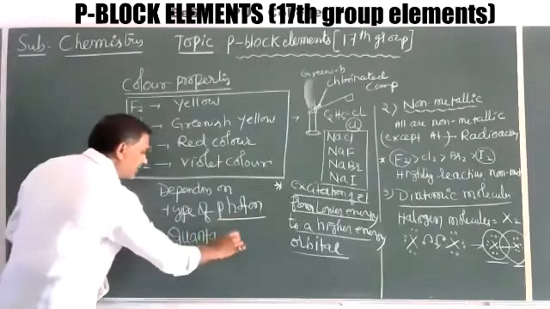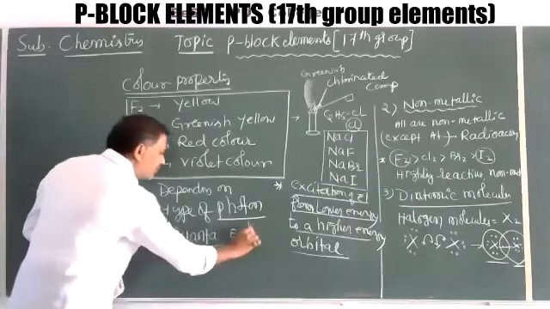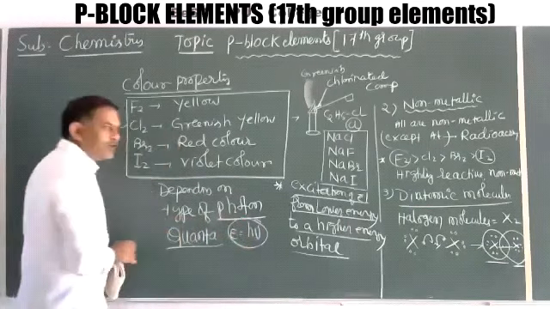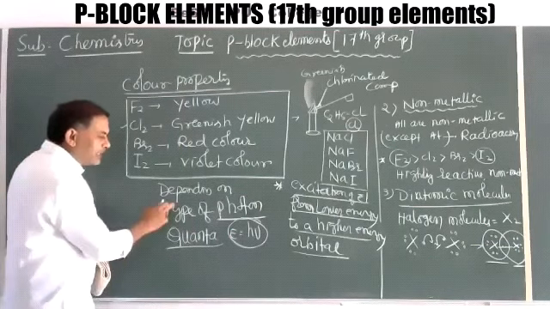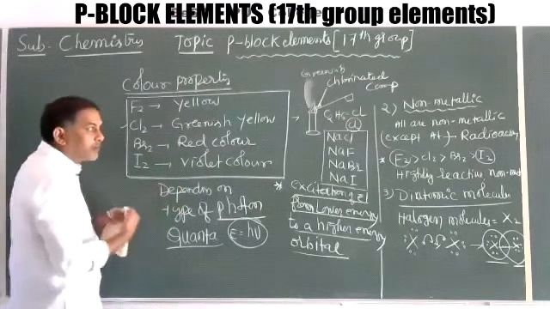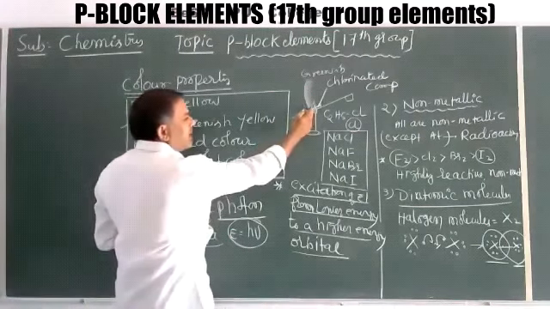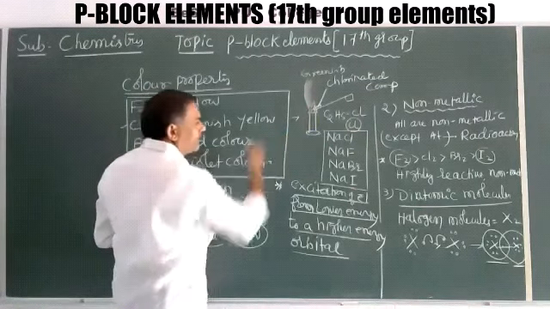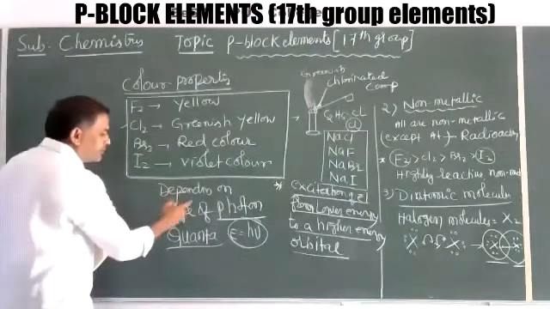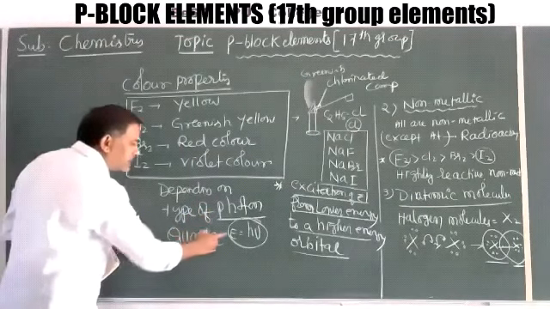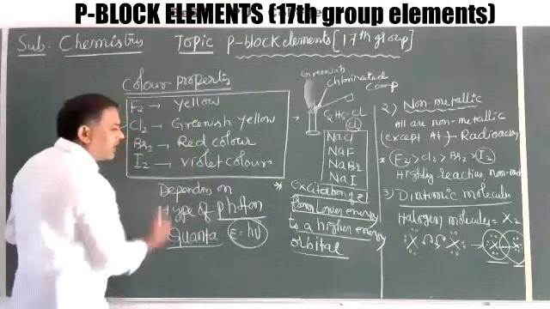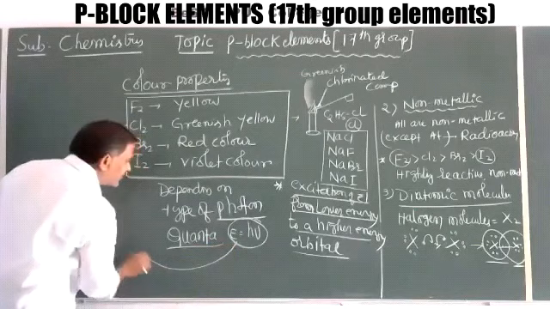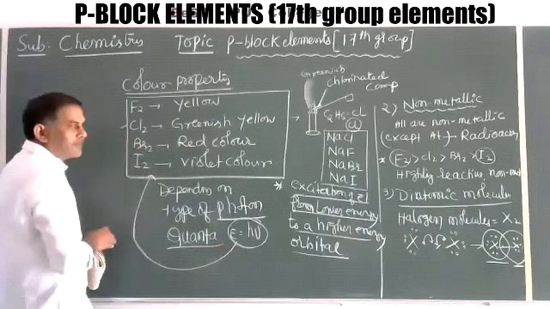Quanta energy is equal to h nu. Depending upon the type of photon absorbed from sunlight or from a burner, the quanta equal to h nu absorbed by these elements, it imparts different colors.